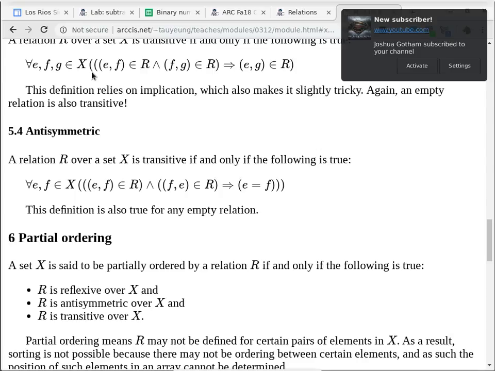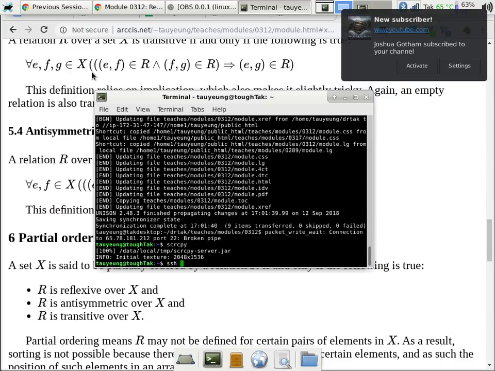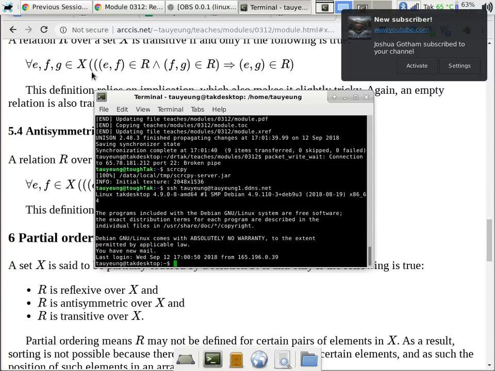Transitive. Oh, okay. No, it's supposed to say anti-symmetric. Let's fix that. This one is 0312, I think.